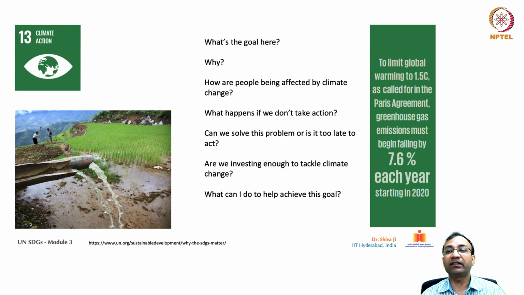A study on that is essential because there are a number of case studies coming up these days where climate action is essential. What happens if we don't take action? Can we solve this problem, or is it too late to act? Are we investing enough to tackle climate change, and what can I do to help achieve this goal?